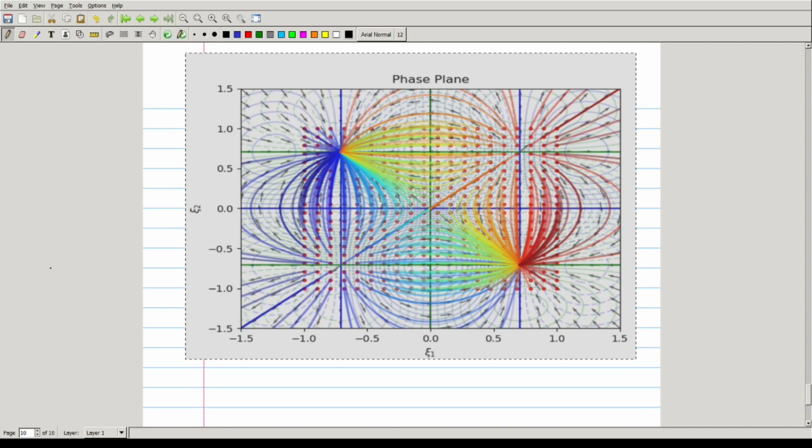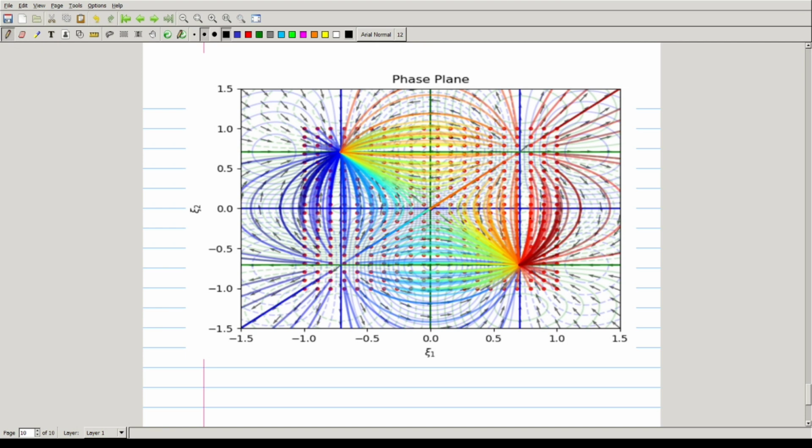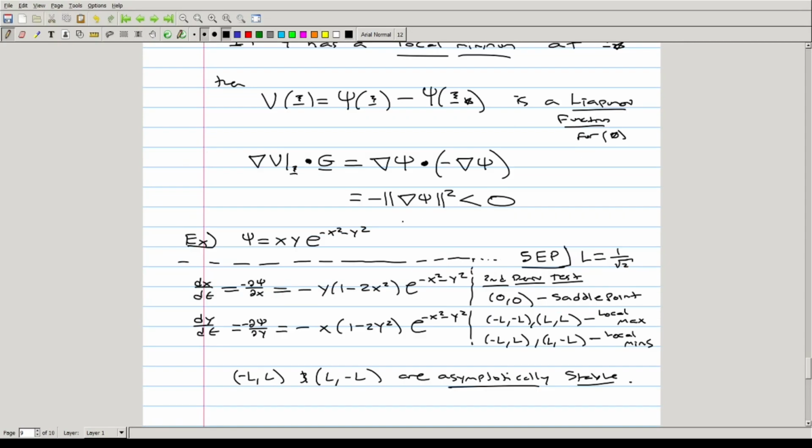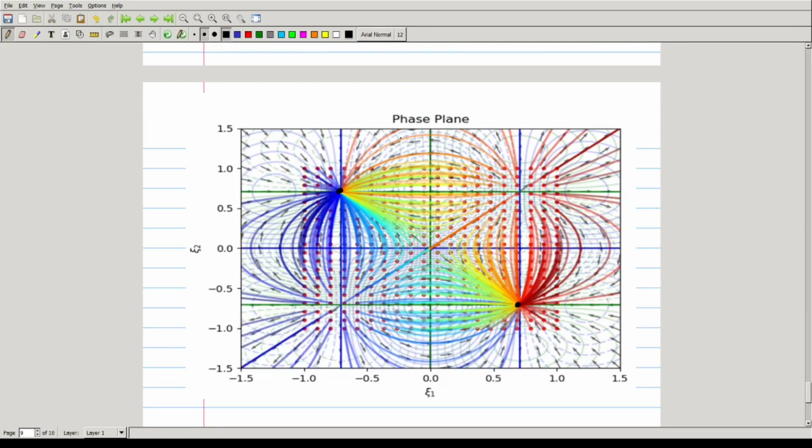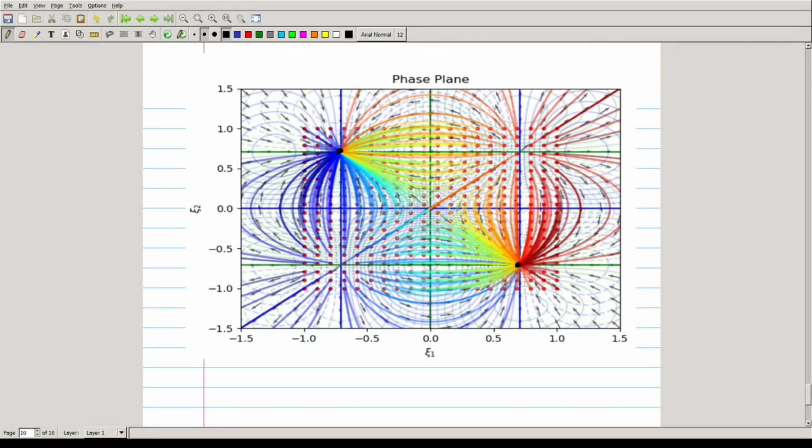Not only that, but the trajectory of the solutions seems very much to follow along with the behavior of this function psi, where we classified this point as a saddle point. These 2 points were local maxes, and these 2 points are local mins of our function psi.